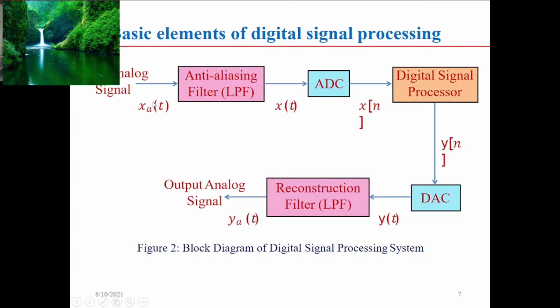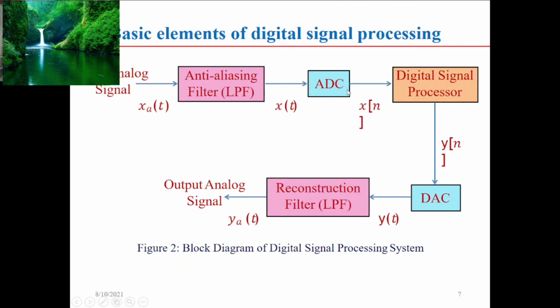Now, as I said, XA of t is our input signal, which is a natural analog signal, and this signal is to be converted to the discrete time signal, the digital signal. Here certain pre-processing is required, and then this ADC conversion. Similarly, as we perform these operations before processing, after processing we need to perform the reverse operation.